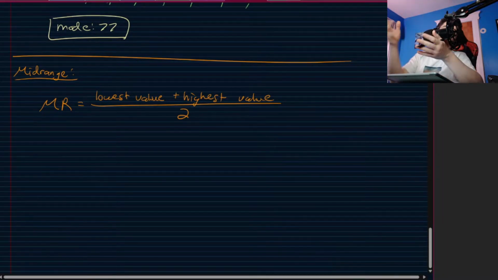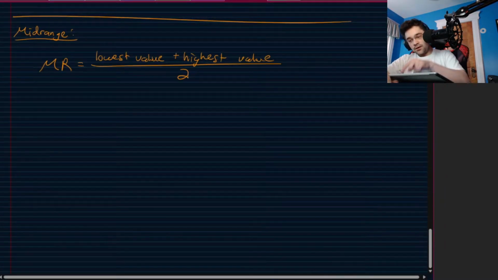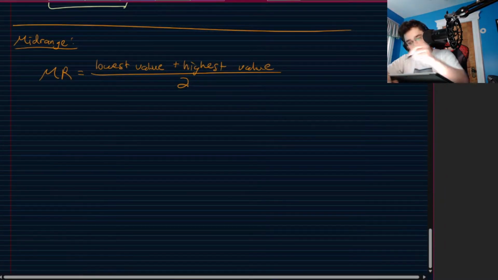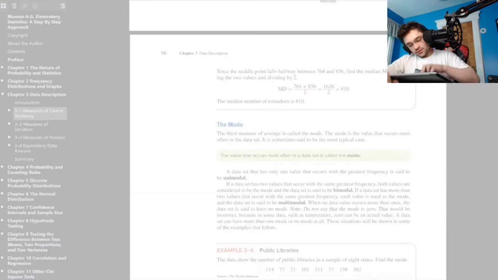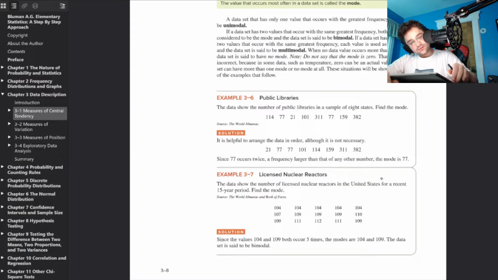So if you see MR or mid-range, that's what that's referring to. Again, it helps to sort the data, but I guess you don't really need to. You just find the lowest value and the highest value. So, again, let me pull up another example from the book here.